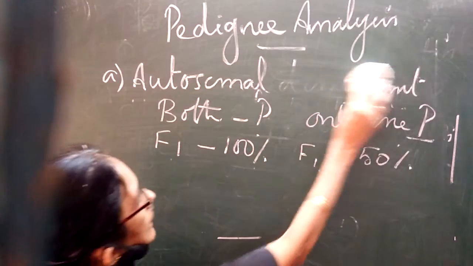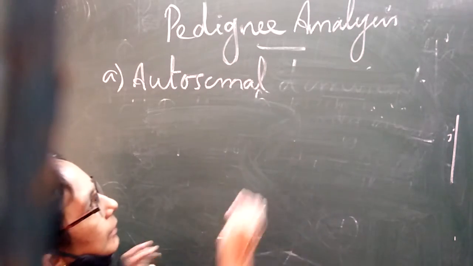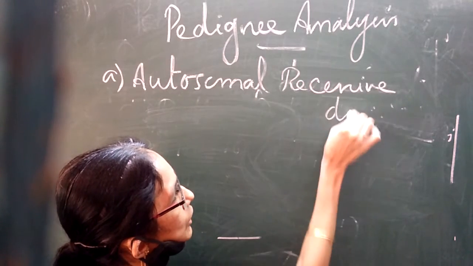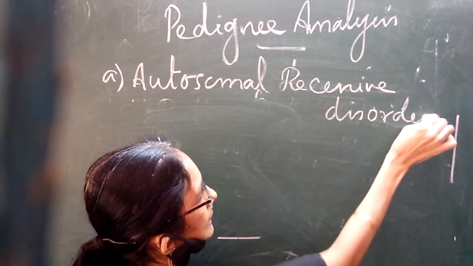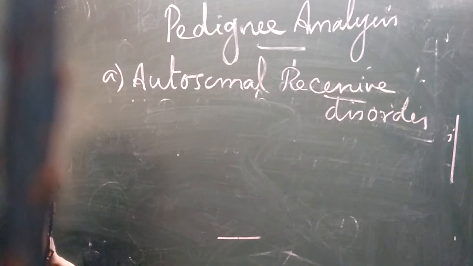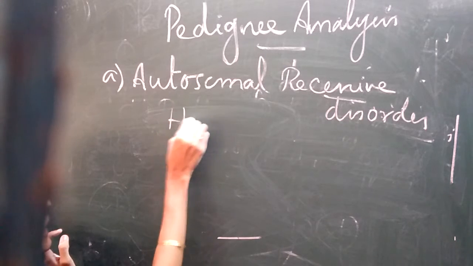Now, second one is about the autosomal recessive type of disorder. Here the disease is caused by a recessive gene. You know that a recessive gene can express itself only under which condition?